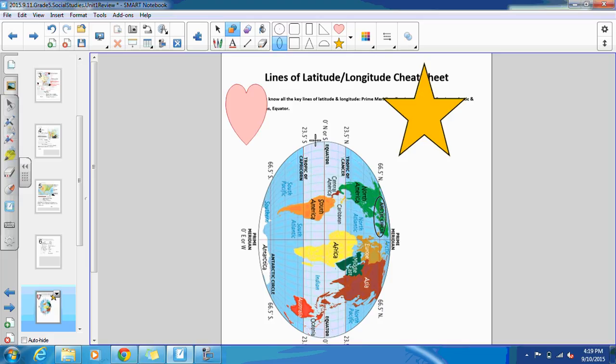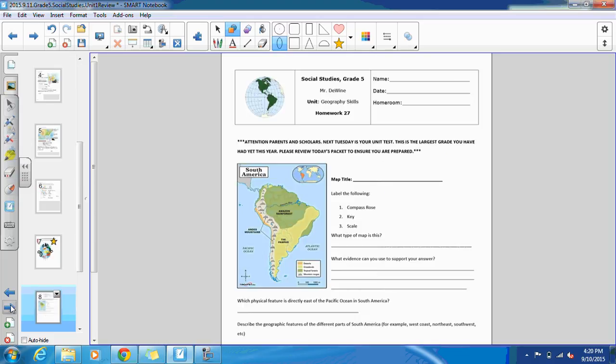Make sure you know where the Tropic of Cancer is. Equator, Tropic of Capricorn, Antarctic Circle, and finally the Prime Meridian. Turn the page. You may study this for a few minutes, and then you can turn the page.